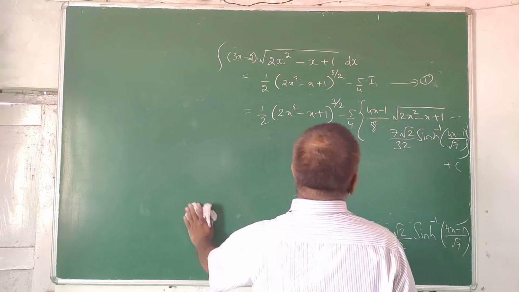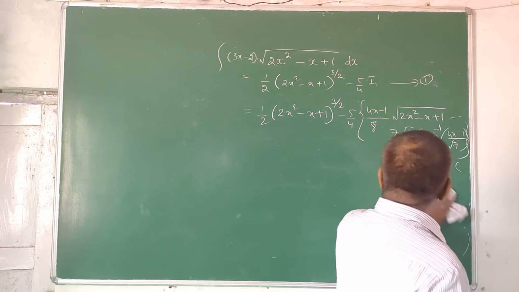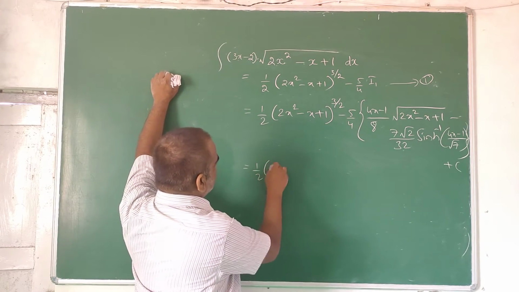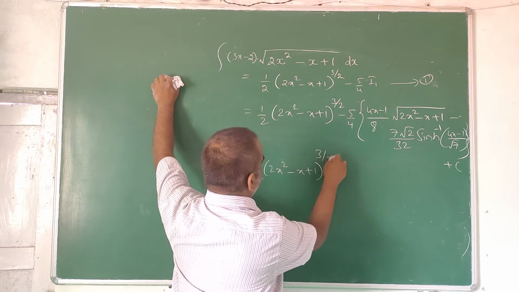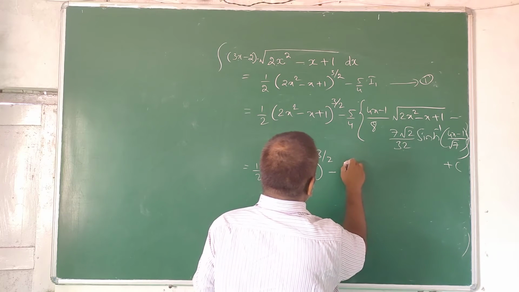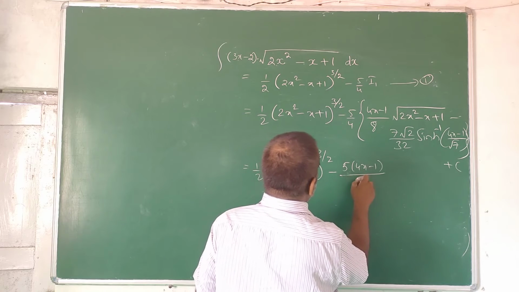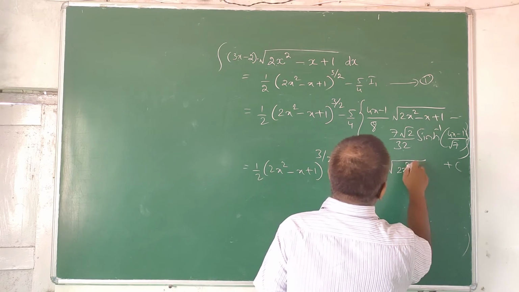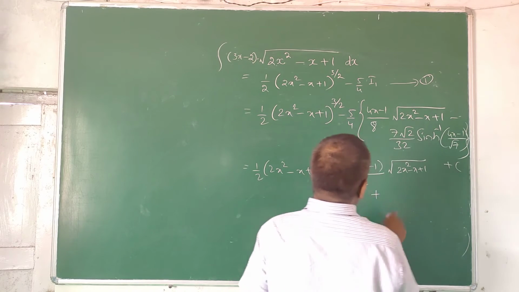So now if you simplify further, it's equal to 1 by 2 into 2x square minus x plus 1 whole to the power of 3 by 2 minus 5 into 4x minus 1 by 4 8s are 32 into root over 2x square minus x plus 1, minus into minus plus.